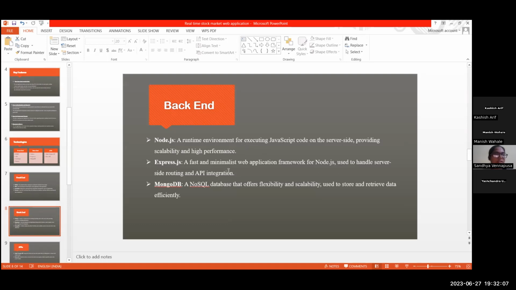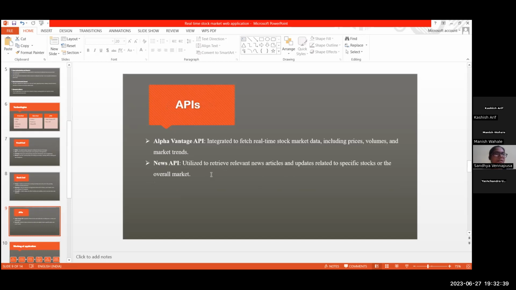Express.js is a fast and minimalist web application framework for Node.js. It helps us simplify the process of building the web application, to handle server-side routing and API integration. And MongoDB, a NoSQL database, is used for storing and retrieving data. It offers flexibility and scalability.